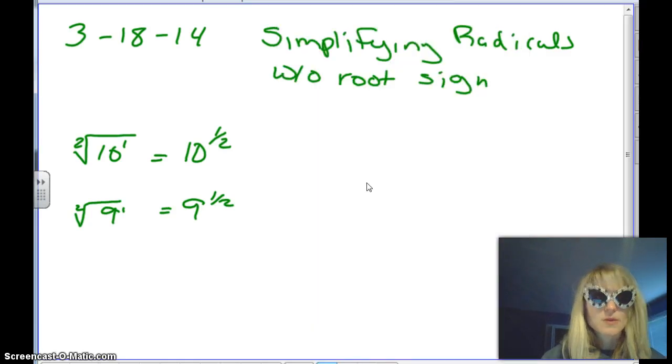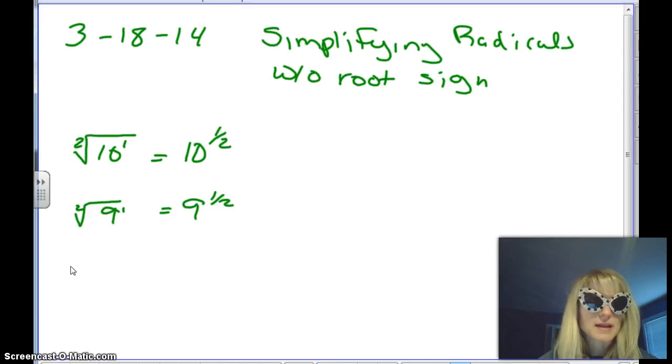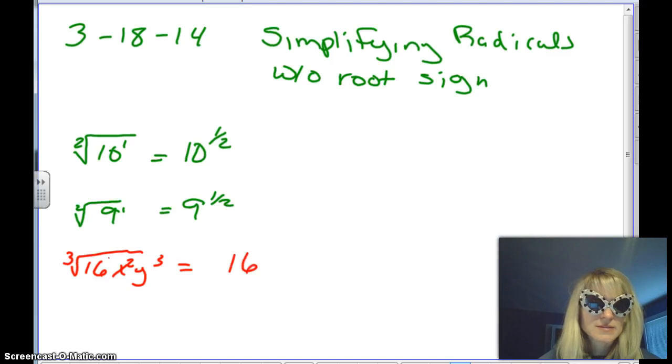Okay, so if I had, let's say, the cube root of, let's just say, 16 x squared y to the third, I could rewrite that as 16, now this is to the 1 power, so I would say 1/3, x, that's to the second power, third root, so that goes 2/3, and then y, third power, third root, 3/3.